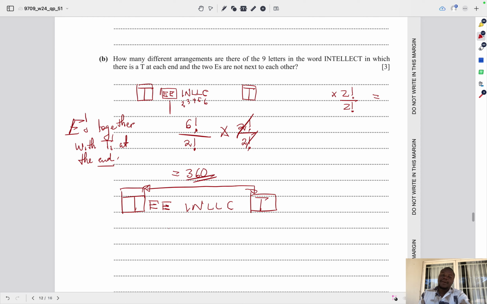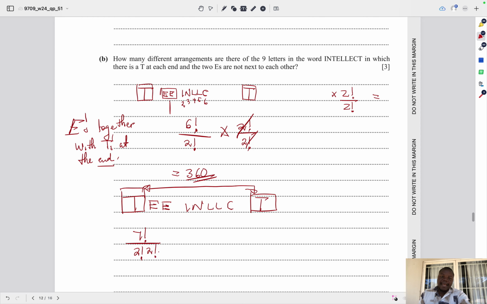So now here, because we've got fixed positions for the T's, our only concern is the remaining characters. So here we've got 7 characters. Of the 7 characters, remember, we have 2 E's that are repeating, and then 2 L's that are repeating.